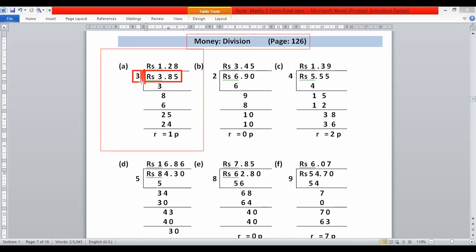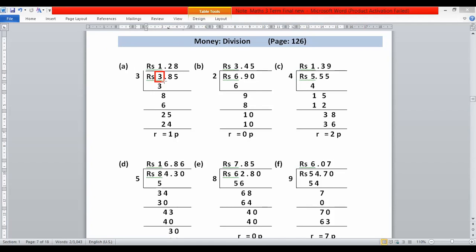In this sum we are going to divide 3 rupees 85 paise by 3. Dear students, divide money the same way as we divide numbers. So let us start from the first number. First number is 3, which means rupees.